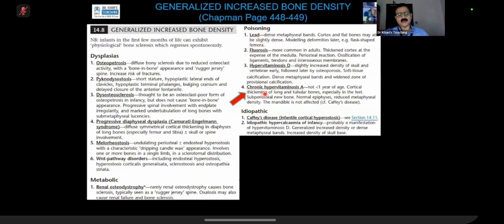Remember all of these in the pediatric age group. And key point to remember that out of these, only fluorosis occurs in the adult age group. So it will be generalized increased bone density. It is more common in adults. You see, it is written here, more common in adults. But these 4 are in the children.